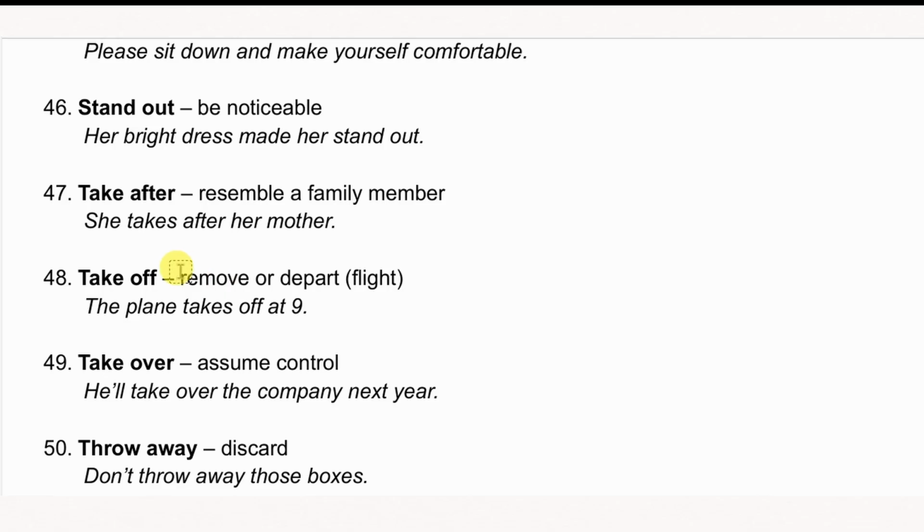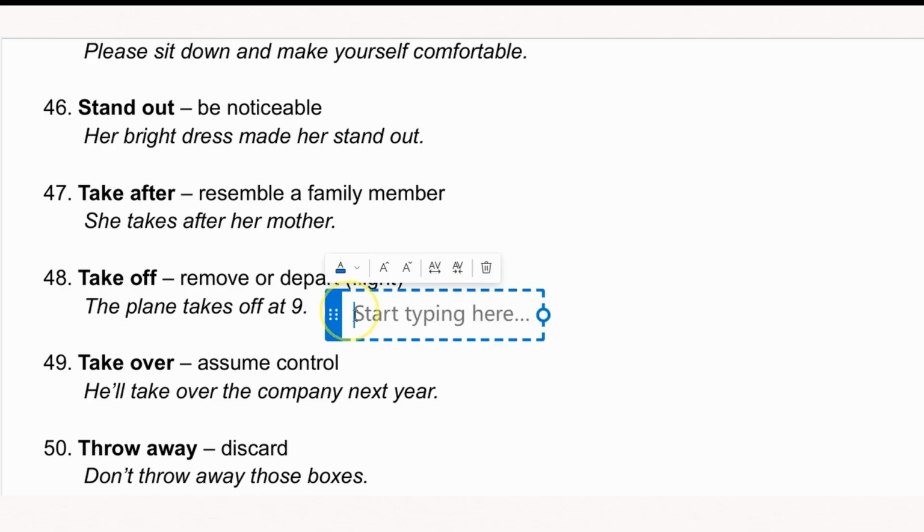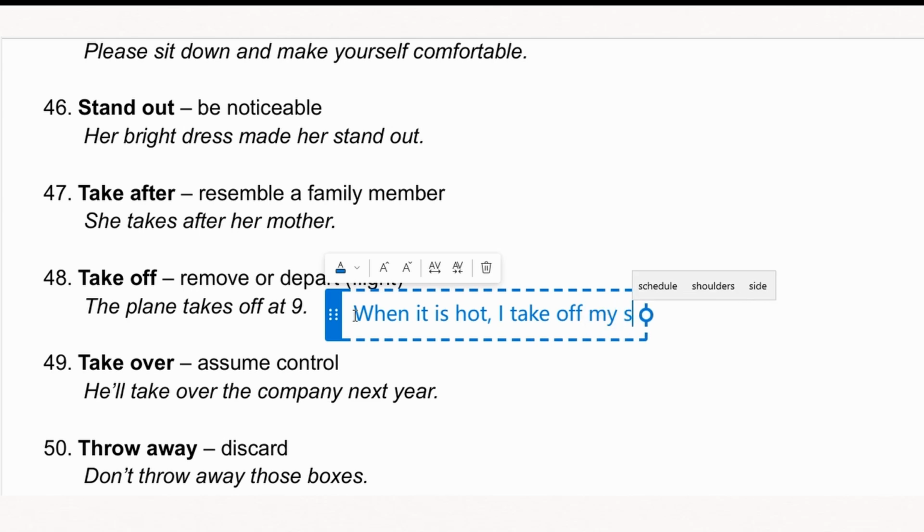But now let us look at take off as to remove. For example, take off your sweater because it is too hot. Or let me say, when it is hot, I take off my sweater or my jacket.